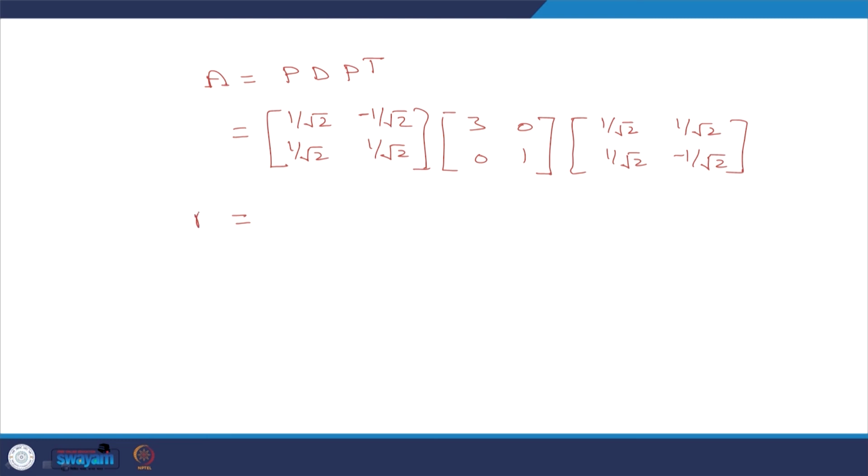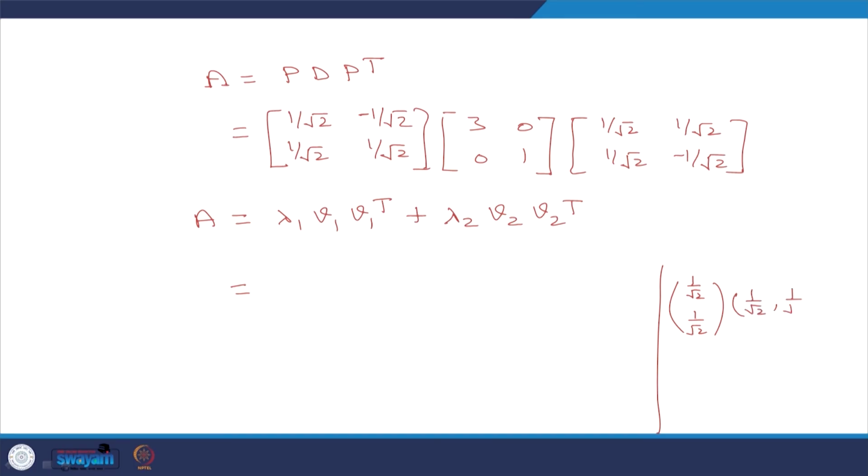Now, the spectral decomposition of A can be written as lambda 1 V1 V1 transpose plus lambda 2 V2 V2 transpose. So, V1 into V1 transpose will be, let me do it here. V1 is (1/root 2, 1/root 2) as a 2 by 1, and V1 transpose is (1/root 2, 1/root 2).